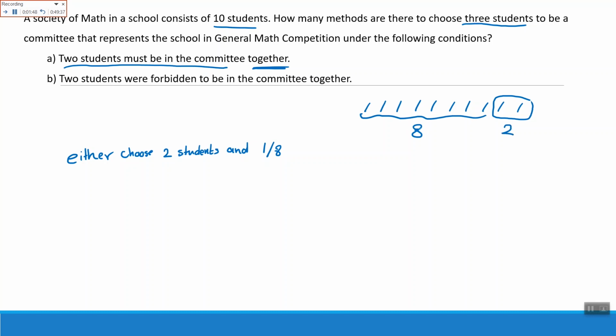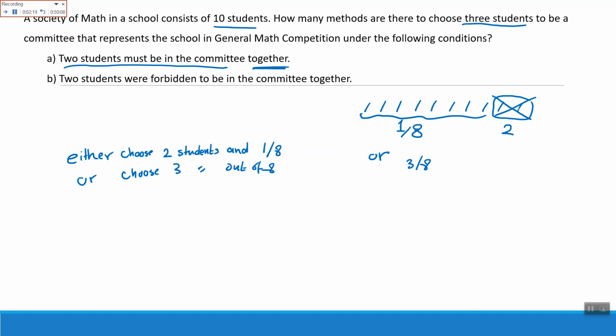So either choose the 2 students and then choose 1 out of the 8, so I have 3 students, because I need 3 students. Or since these 2 students are giving me headache, I can just ignore them, or I will choose the 3 out of the 8, right? Or choose 3 students out of 8. So just ignore the 2 students who want to be together.